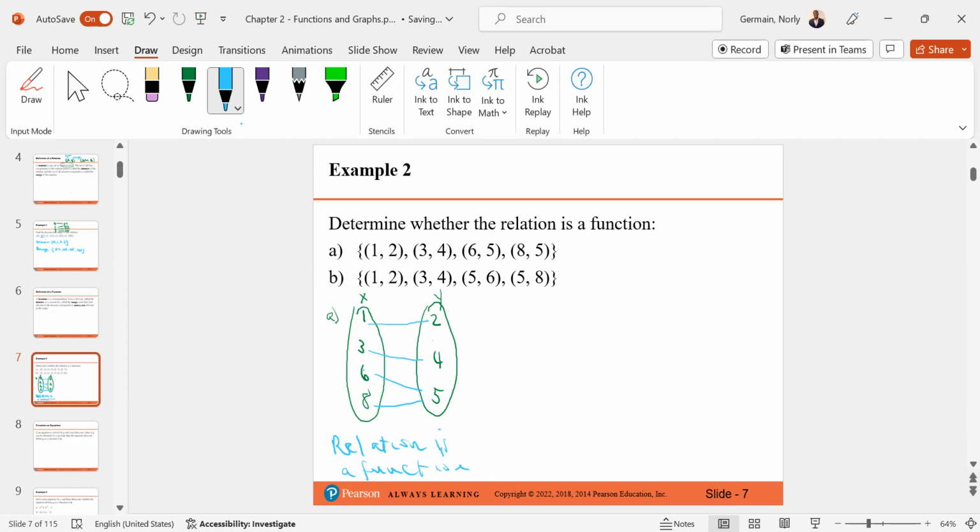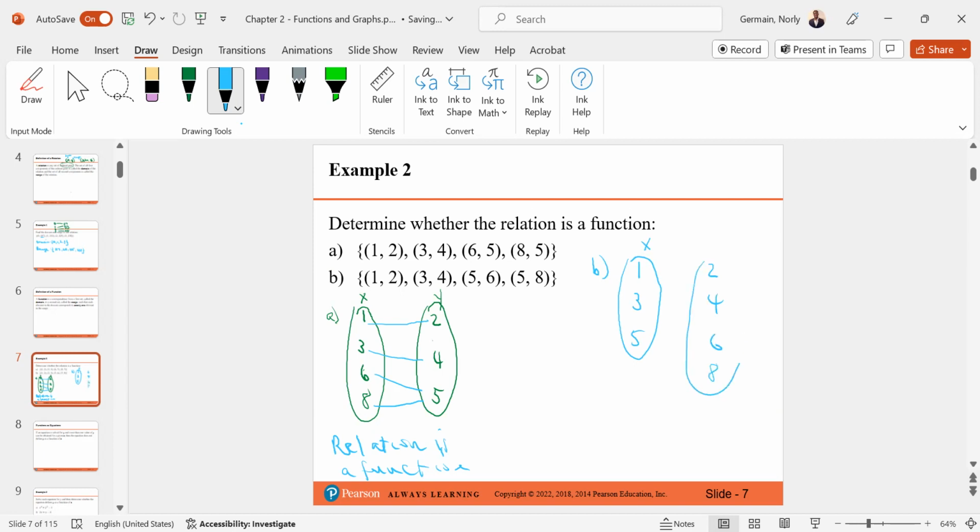But as I said, not all the time. You might have it different ways. If we go, for example, with B, let's try B. You see B, we have first components 1, 3, and 5. So let me call this one X. And the second components, we have 2, 4, 6, and 8.